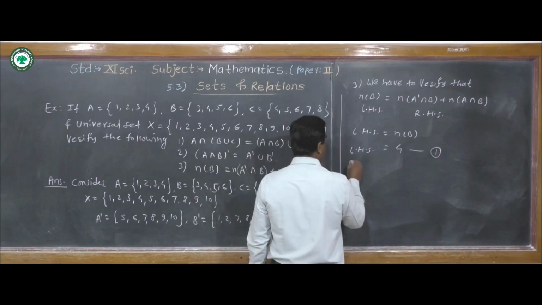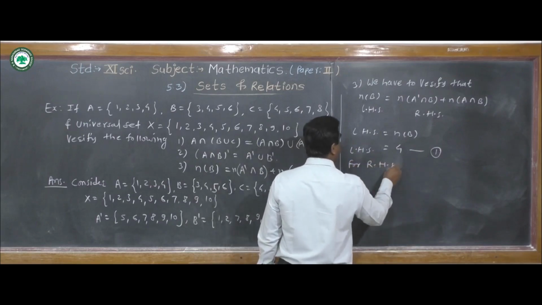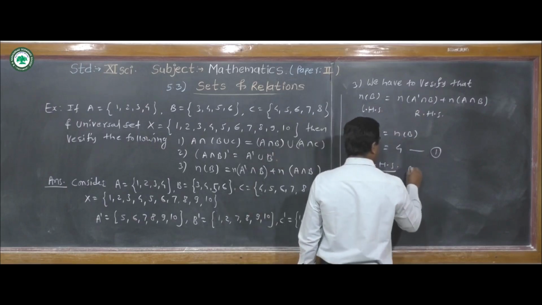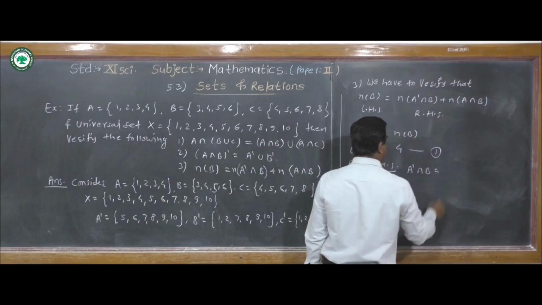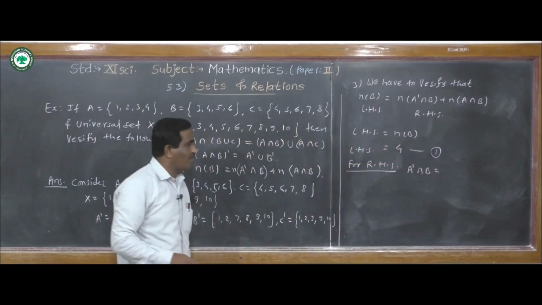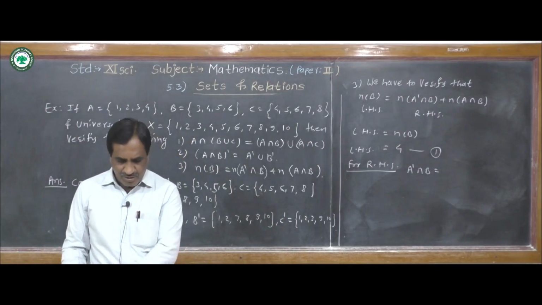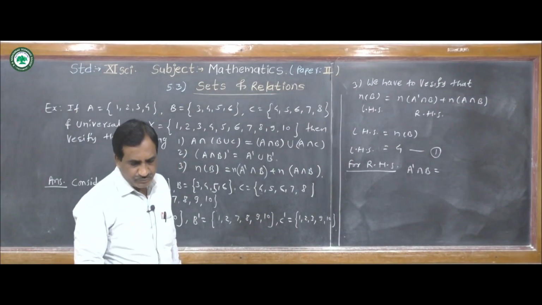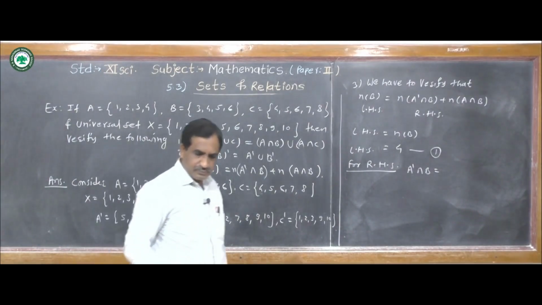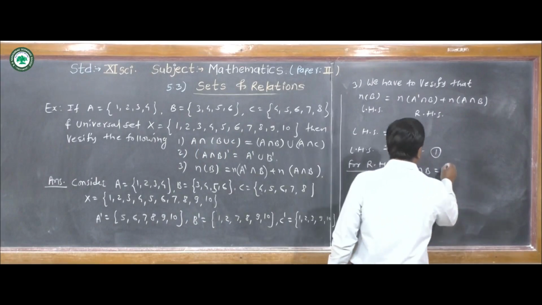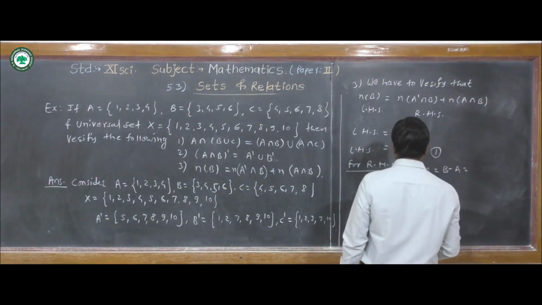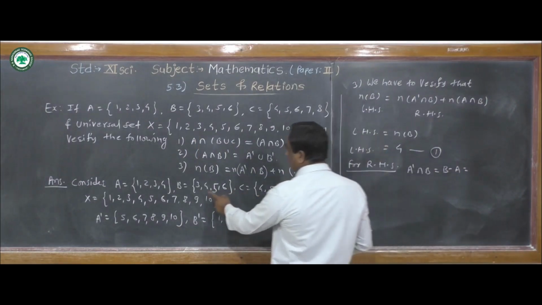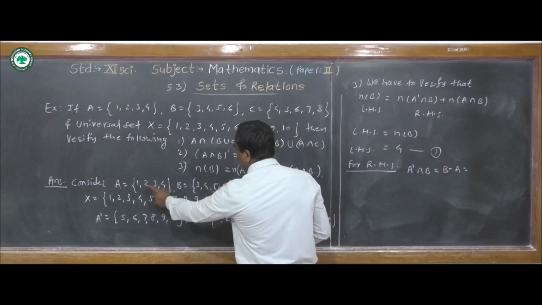For RHS, first we have to find A dash intersection B. We know that A dash intersection B is equal to B minus A. B minus A is equal to set B minus set A. The set B is 3, 4, 5, 6 and the set A is 1, 2, 3, 4.